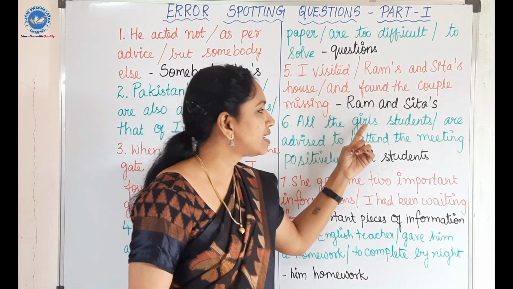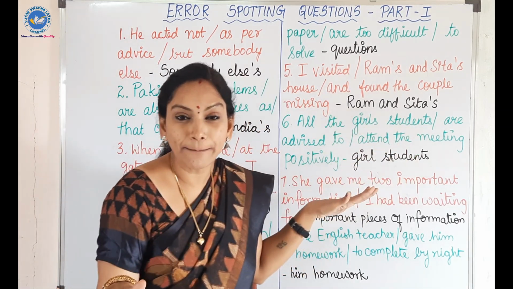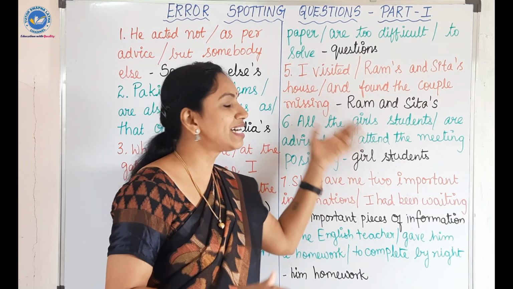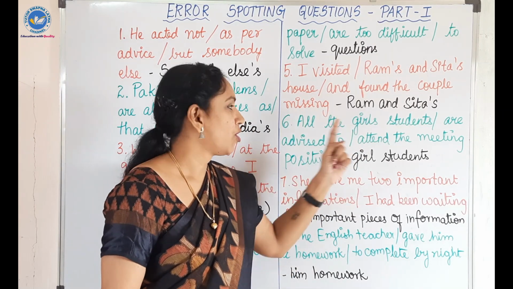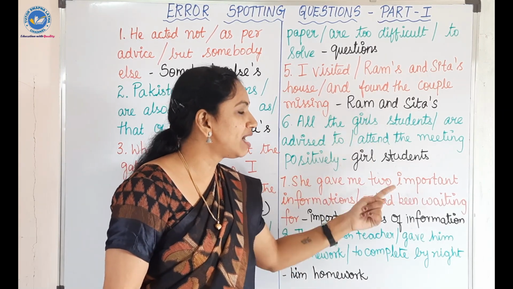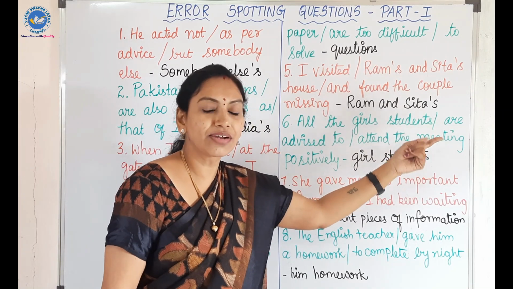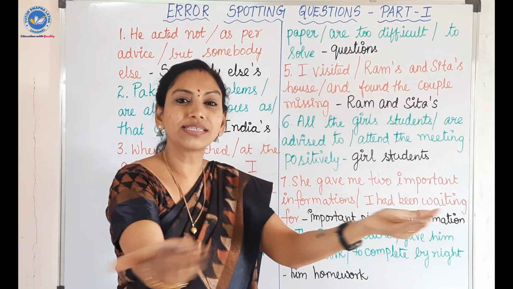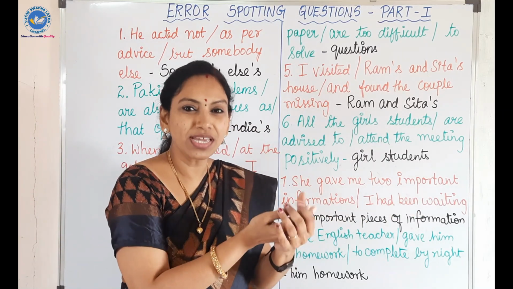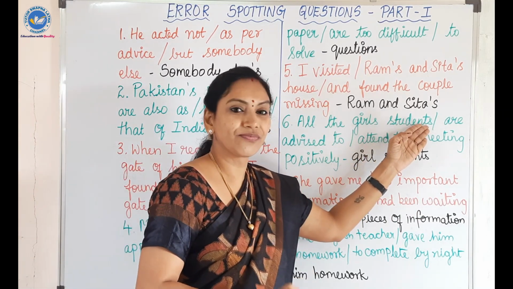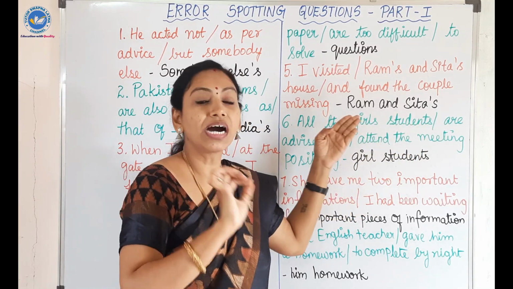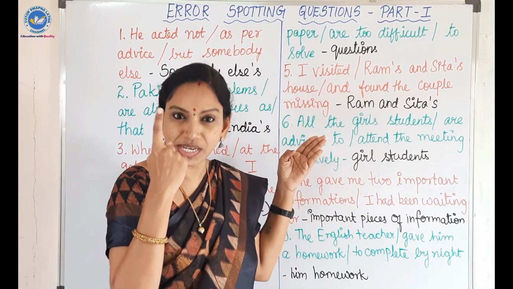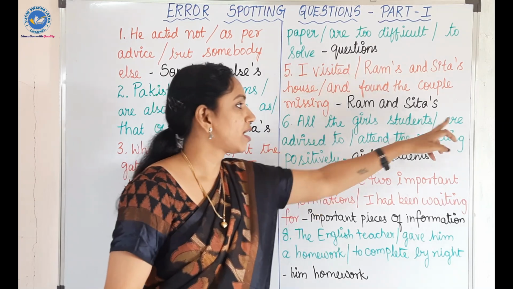All the girls students cannot come. Where is the mistake? In the girls students only. So, here remove girls. You cannot remove this S for students because there are so many. All they have given. All in the sense they mean so many. When so many is given, you cannot give student. Girl student is wrong, which means it is like singular. You cannot have.